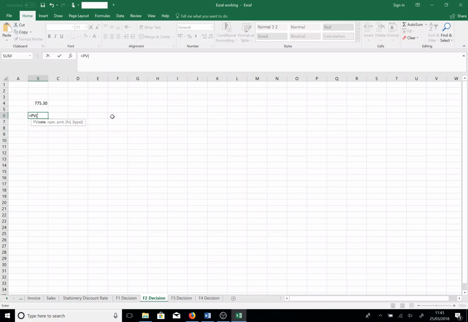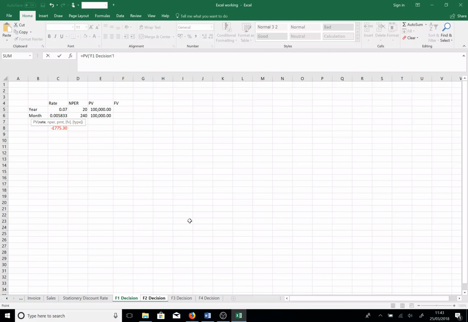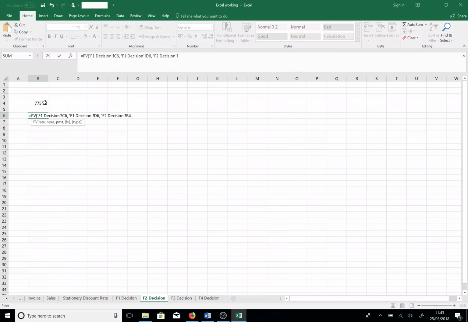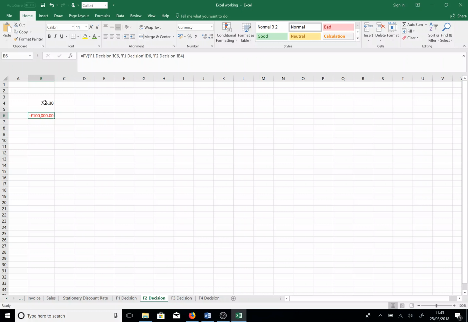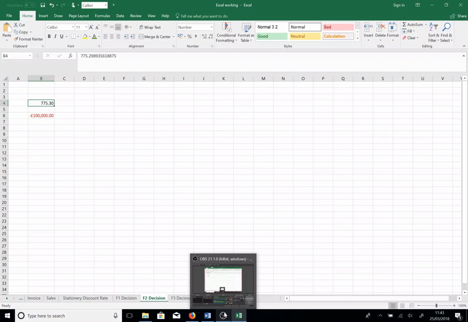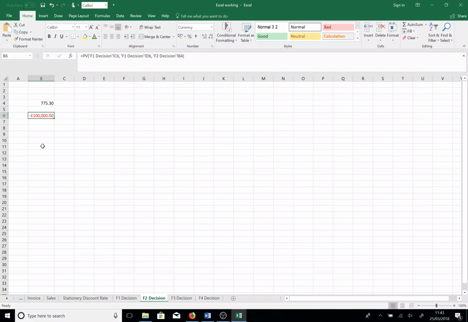The rate would be what it was before, so make sure you go back to the monthly rate, the number of periods, and then the payment is this. So that we know then is right, because it's giving us exactly the same figure.